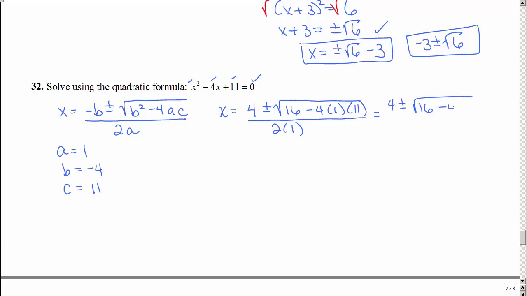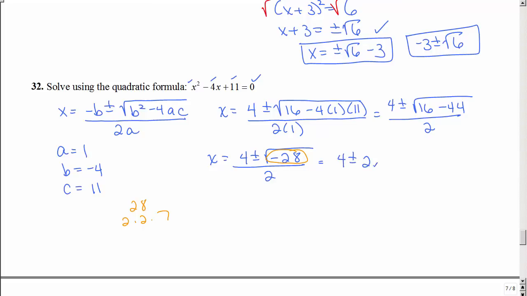So that's 16 minus 44. That is going to be negative 28, I believe. Still can't reduce. What I have to do is take care of this, 28. That's 2 times 7, and it's negative. So I can take out a 2 and an i and leave the 7.